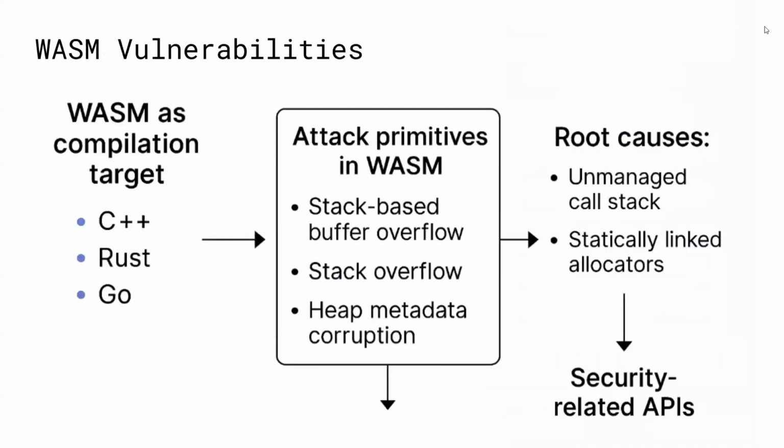But now, what happened with respect to WebAssembly, despite the simpler model? What vulnerabilities were found, and that we even had to encounter? There are three basic things, the ones we have seen in most other target systems too. One is buffer overflow, stack overflow, heap metadata corruption, basically the memory-related bugs.